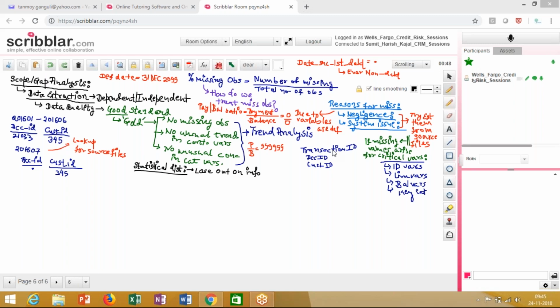The next part we need to talk about is that there may be important variables which are missing observations. Let's say for personal loans, a very important variable is your EMIs.